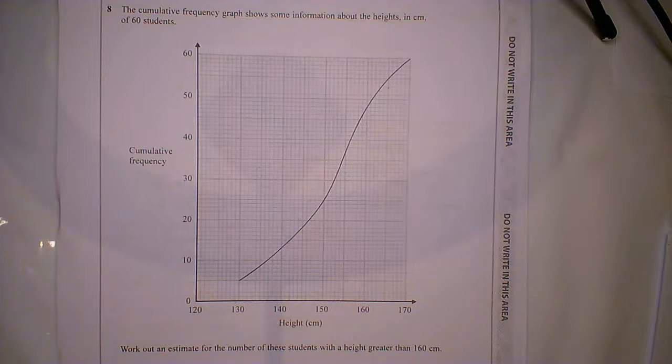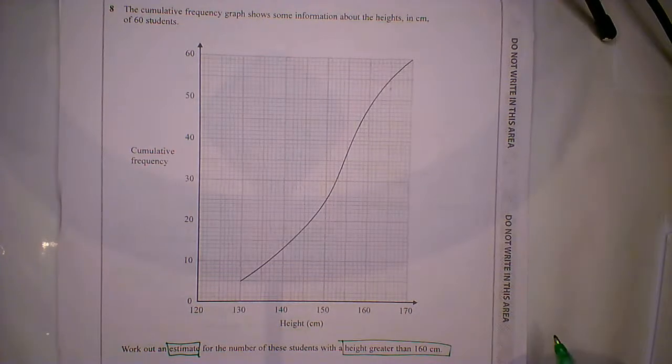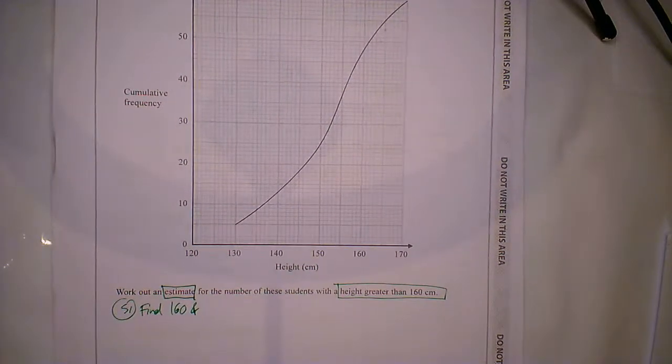So the question says, work out an estimate for the number of these students with a height greater than 160 centimeters. So step one, find 160 centimeters and read off.